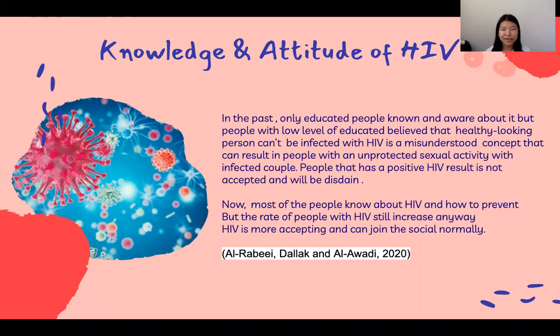People infected by HIV in the past were not accepted in society and were disdained. But today, most people know of HIV and are aware of it. But the rate of infected people still increases. Otherwise, HIV is more accepted in society and people can join society normally.